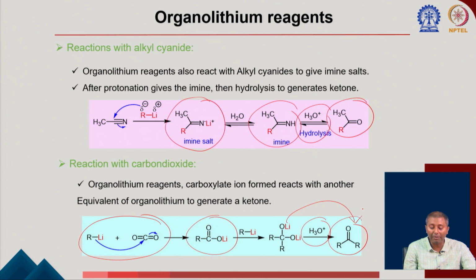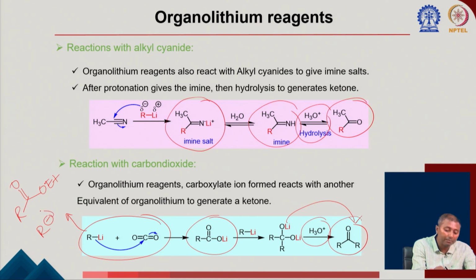So that is going to happen if you again treat with an ester as well. So here you are forming a ketone, but if you attack with the ester with this compound, let's try to write down what is going to happen here. Then the R minus is going to attack here.